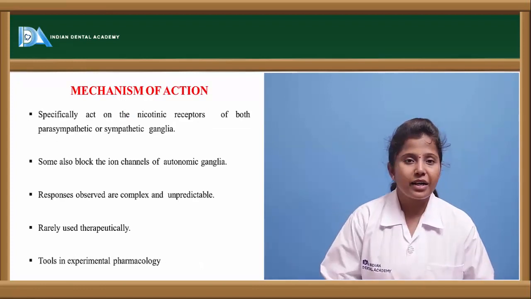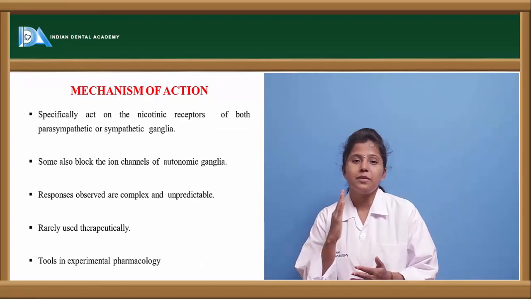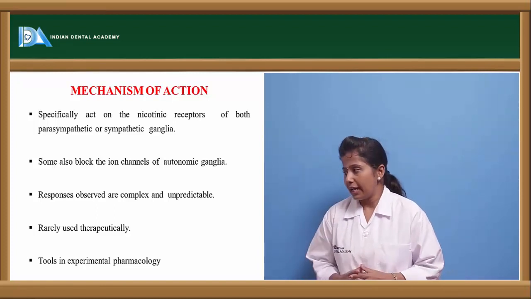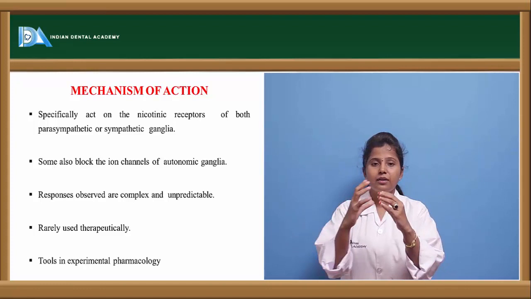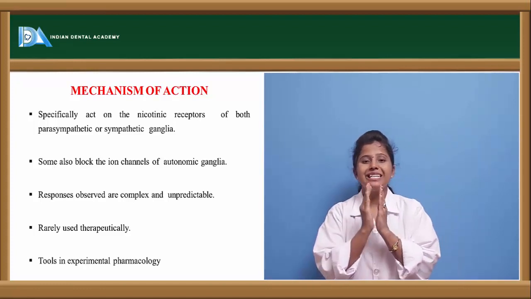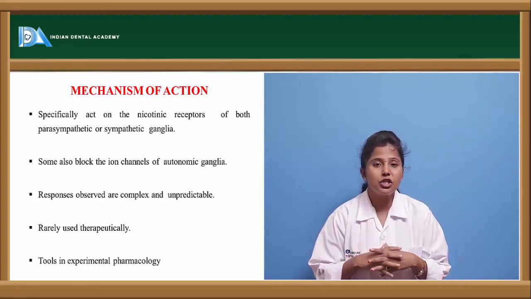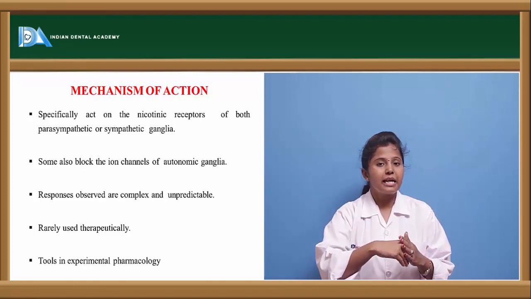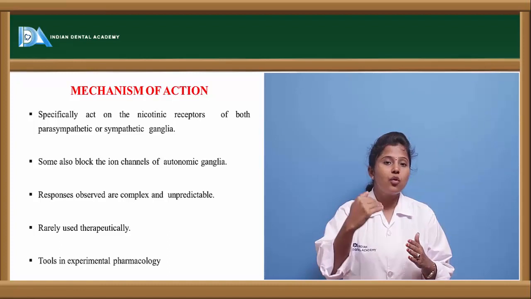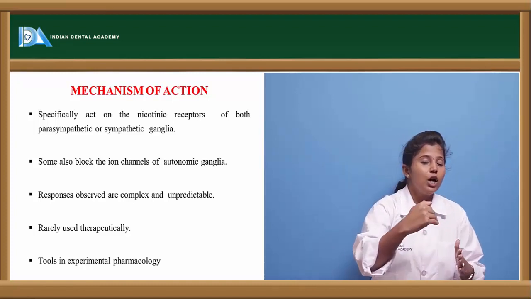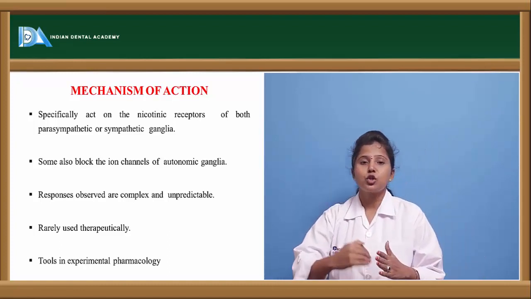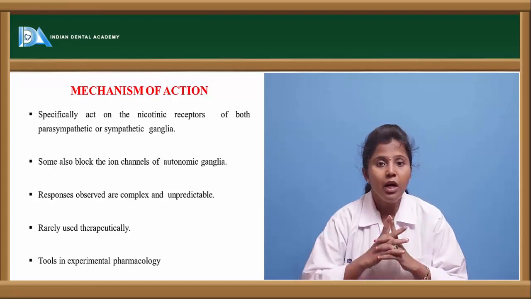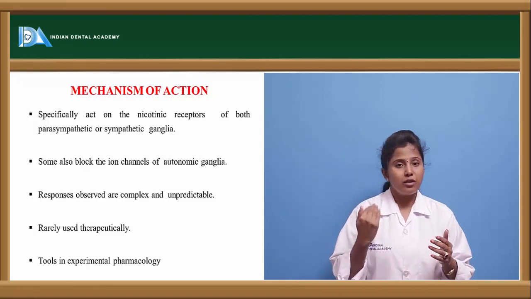The mechanism of action, as I told you, is the blockage of the nicotinic receptors which are present at the ganglia. How does this take place? These nicotinic receptors are ion channel receptors. At the autonomic ganglia, if sodium or calcium passes through, it causes depolarization of the particular neurons or membrane.